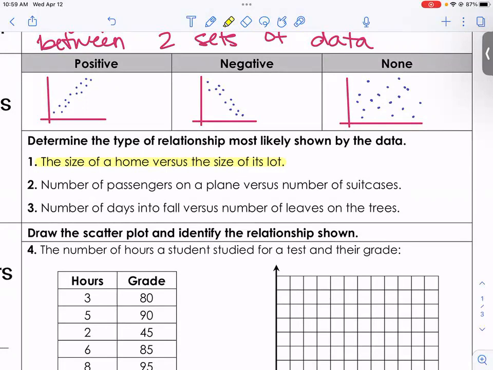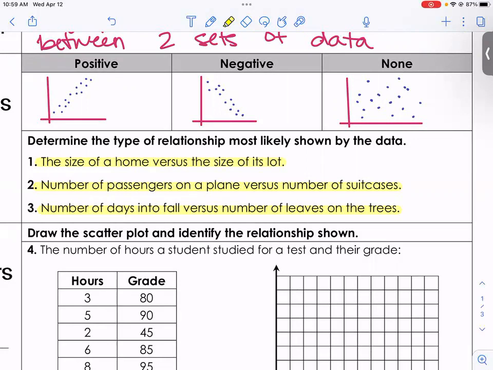The number of passengers on a plane versus the number of suitcases. The number of days into fall versus the number of leaves on the tree. I'm just saying, I want you to think about this.